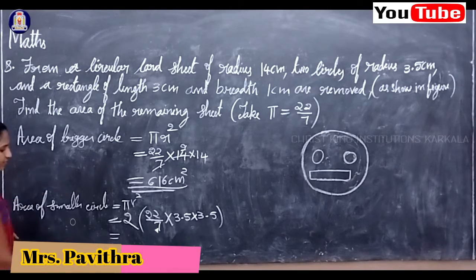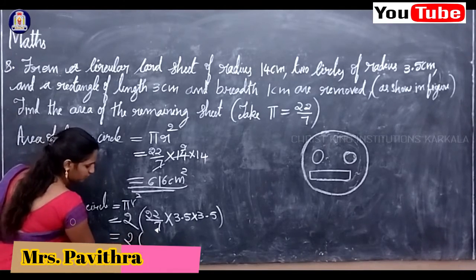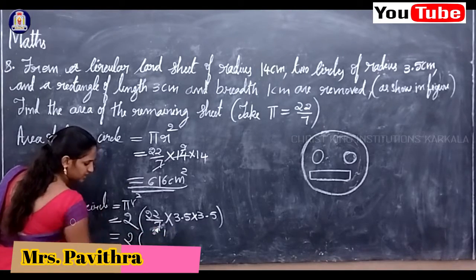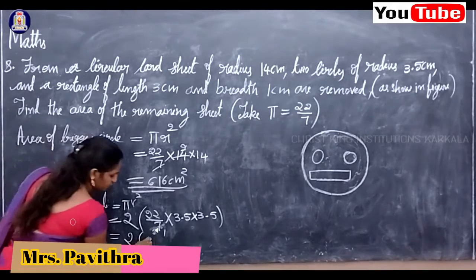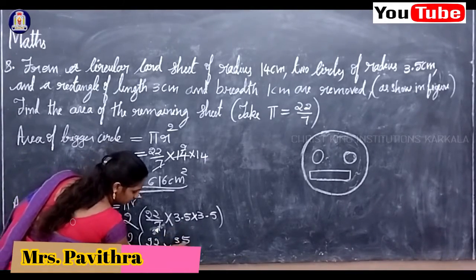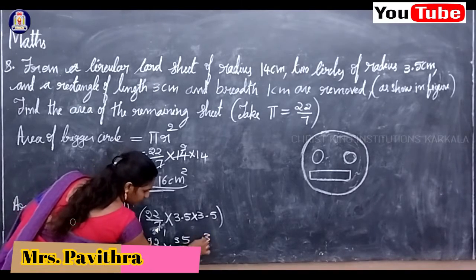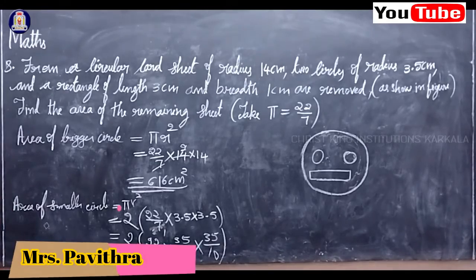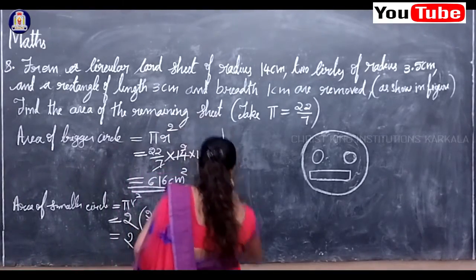So we can find the area together. Or else you can write the decimal as a fraction. So 22/7 into 3.5 means 35/10, again 35/10. Like this, a decimal can be written as a fraction.